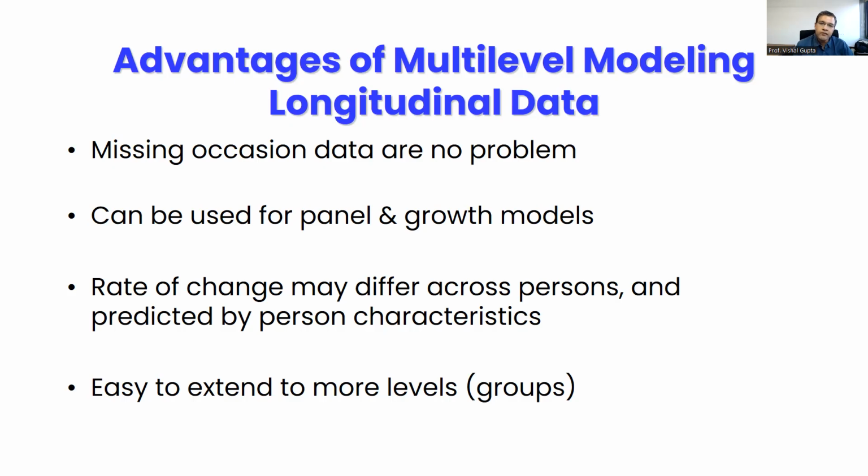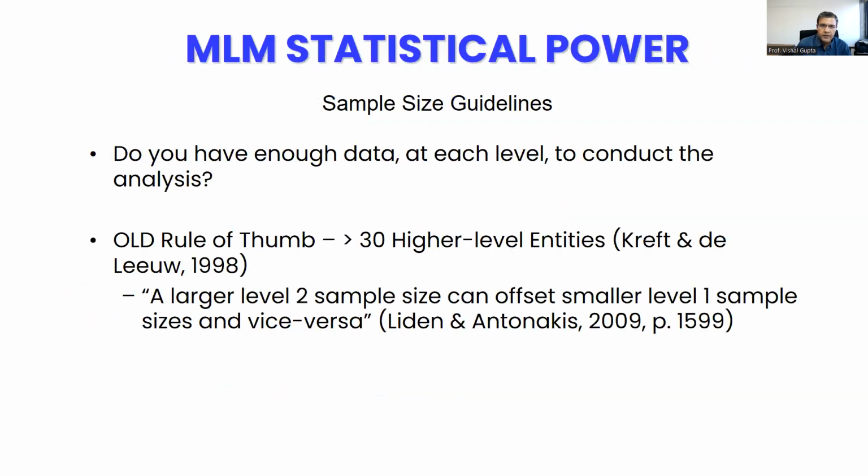That becomes 3 level. Or a student is nested within a class, and class is nested under a school. So again 3 levels. So you can do 3 level models also. And this Heck et al book is very nice. You can look it up and learn further.